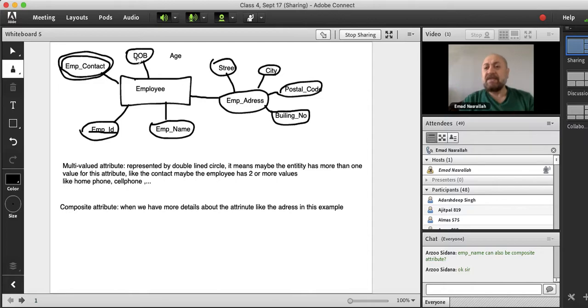Because if we enter the age, now we are entering data of employees. The employee age is 22. After 5 years, what's the age?